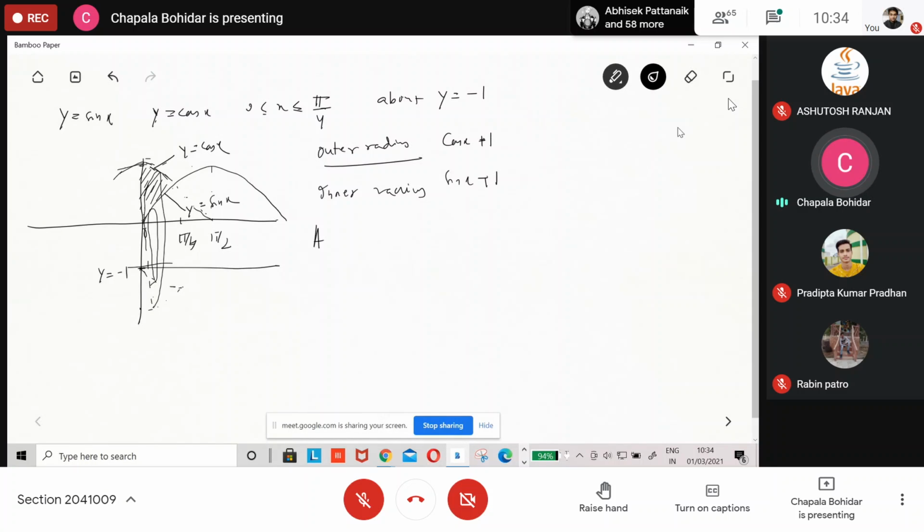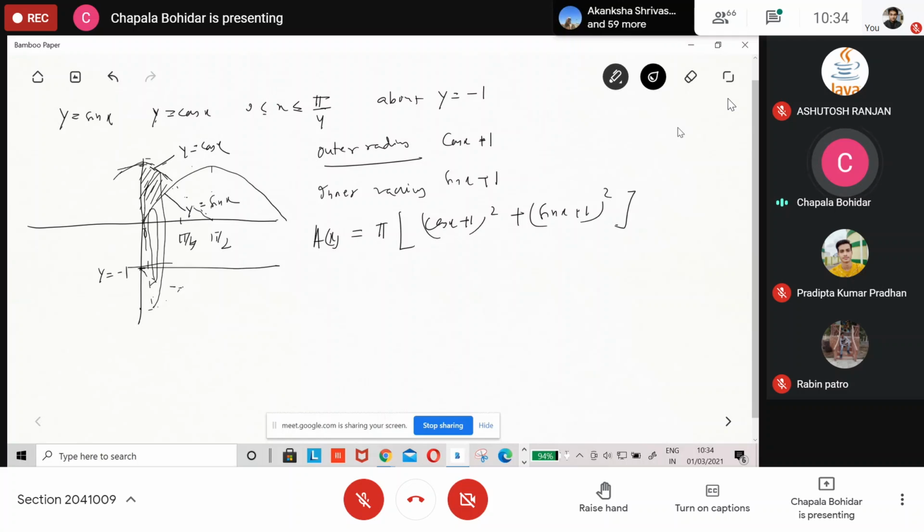Ax, though it is moving horizontally, perpendicular to the x-axis, so you find out the area Ax. Area Ax is equal to pi into cos x plus 1 whole square minus sin x plus 1 whole square.